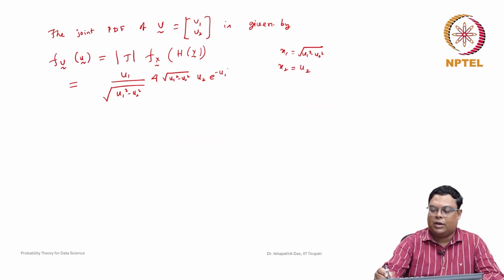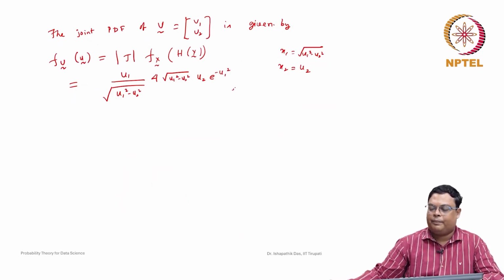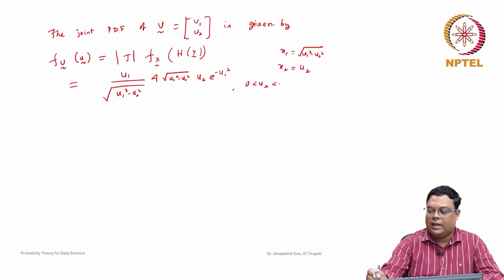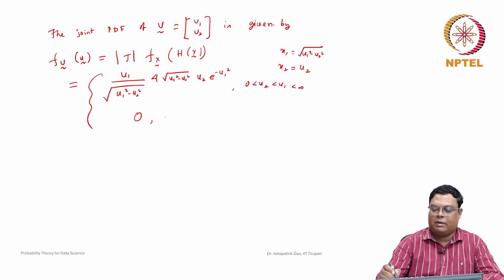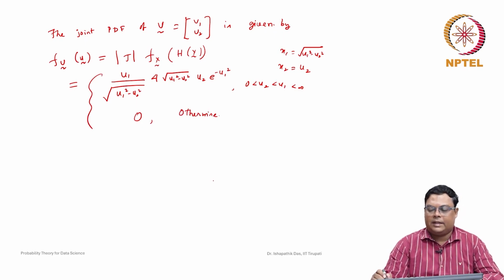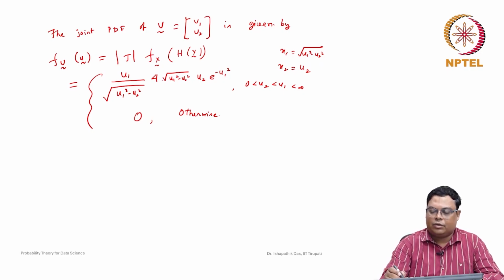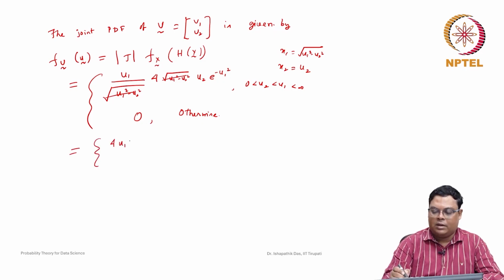This holds whenever 0 is less than u2 less than u1 less than infinity, otherwise it is 0. If we simplify, the root cancels, so we get 4 u1 u2 e to the power of minus u1 square whenever 0 is less than u2 less than u1 less than infinity, 0 otherwise.